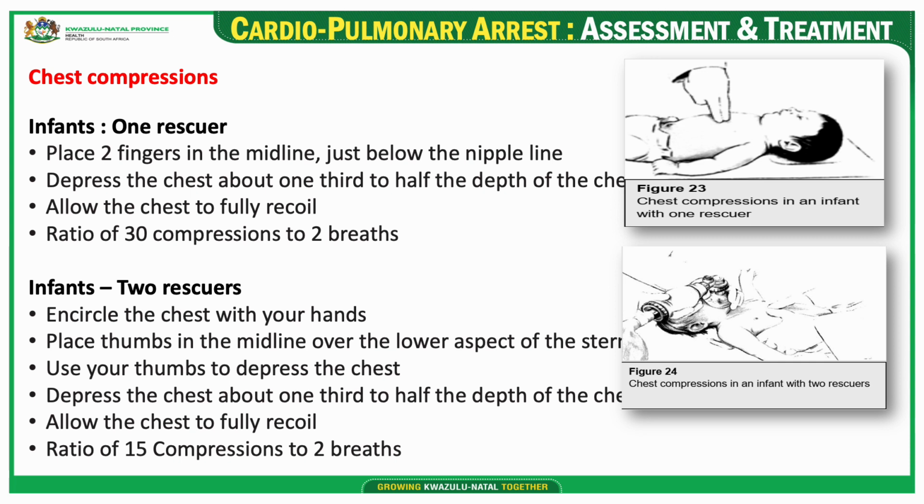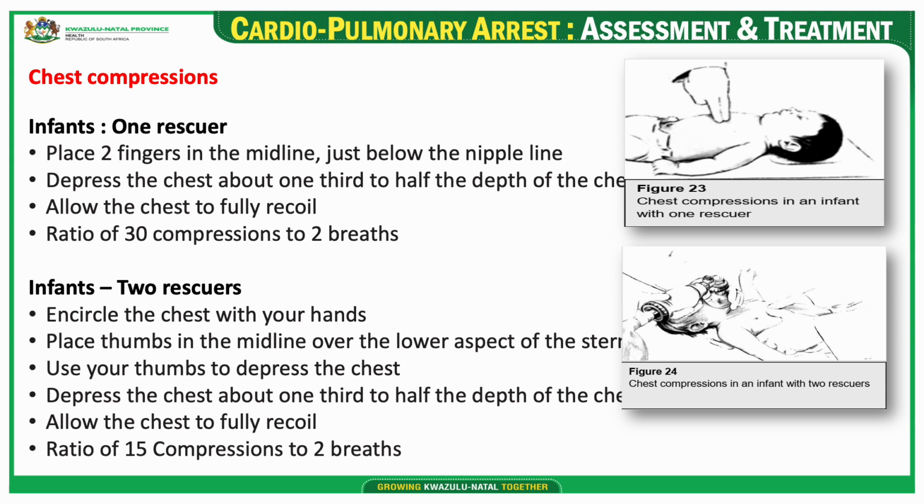This is deep and it needs to happen fast. You need to allow that chest to fully recoil. Otherwise, the heart can't fill properly and your venous drainage back into your heart is going to be compromised and your CPR will not be effective. When you are one rescuer, you're going to do these compressions at a ratio of 30 compressions to 2 breaths.